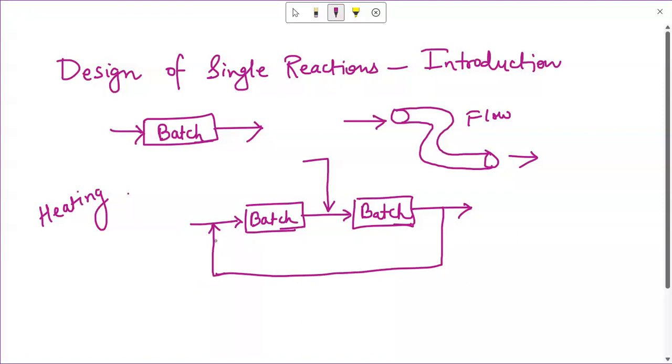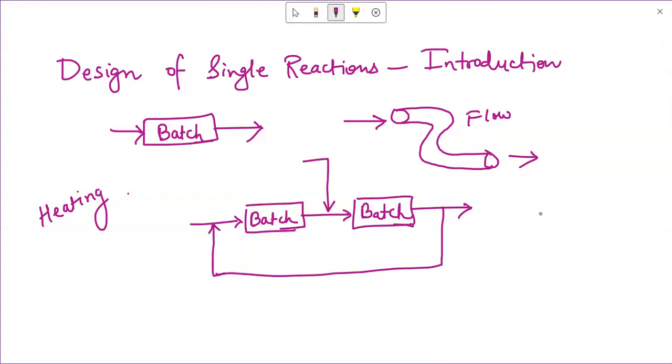And what is the feed to recycle ratio? That may also be a criterion. What should be the recycling condition, whether there has to be any heating involved in this part of the process or not. So there are many schemes that you can consider for reactor design.